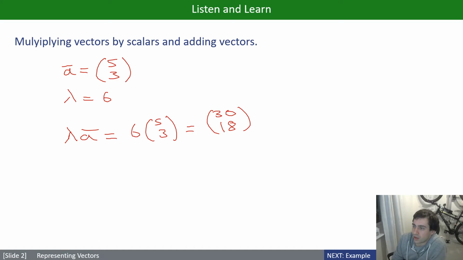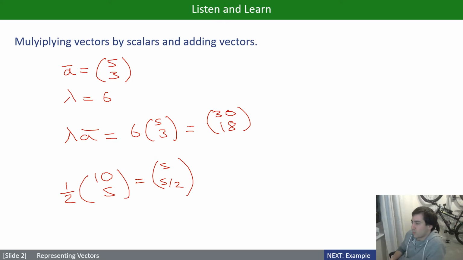Okay, another example, let's say I've got a half times the vector (10, 5). That will end up being 10 times a half is 5, 5 times a half is 5 over 2. And I'd write it like this. As a general rule, let's write here the rule.